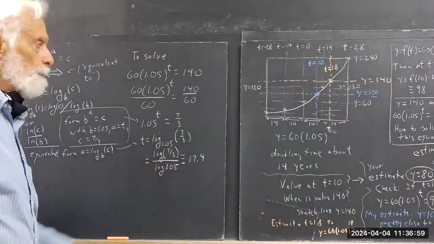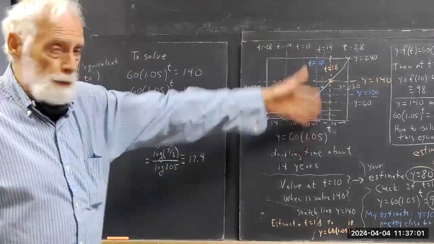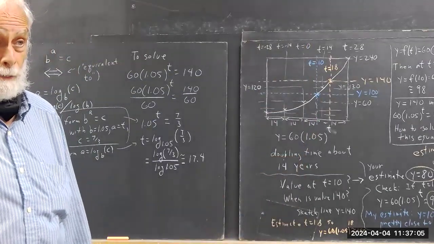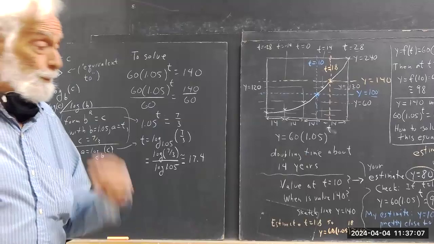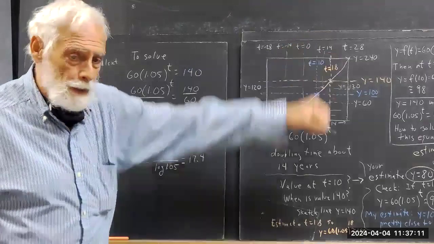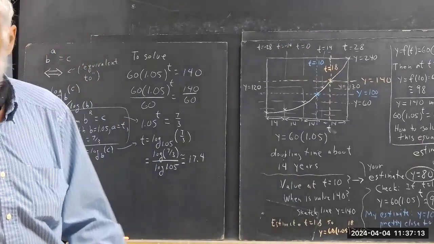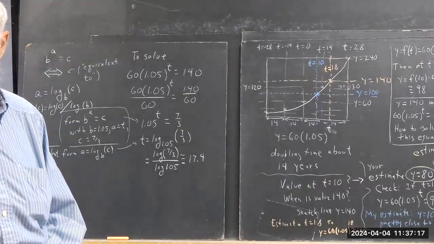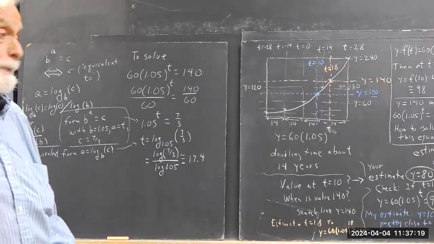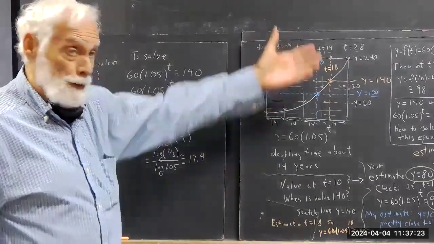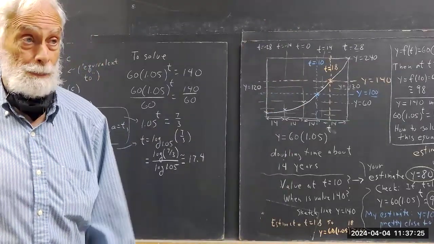Okay, what's this do? This tells us what the graph would have told us if our graph had been completely accurate. There's no point in making the graph as completely accurate as we can, but it's always a good idea, especially since I'm probably gonna ask you to do it on a test, and to construct the graph and make your estimates.